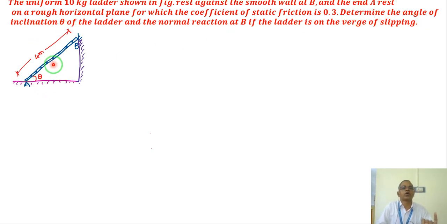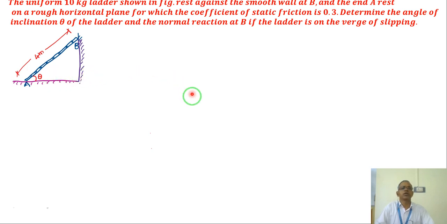So far we found out mu, the coefficient of friction, we got the horizontal force, and we got the reactions. Here now we have to find out the angle of inclination of the ladder and the normal reaction at B. How much is the normal reaction at B if the ladder is on the verge of slipping, about to fall down?